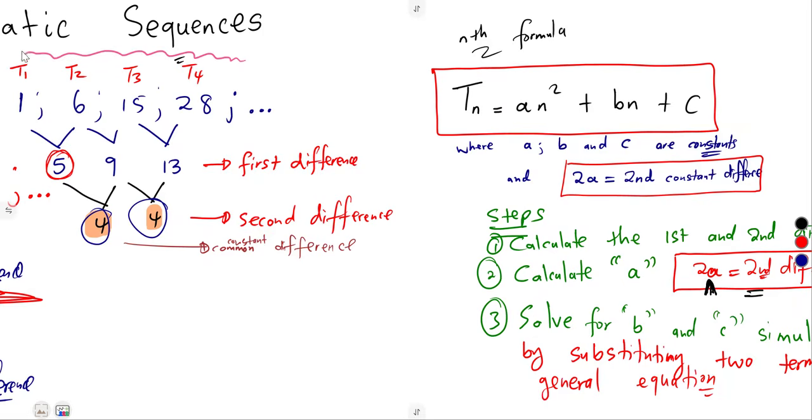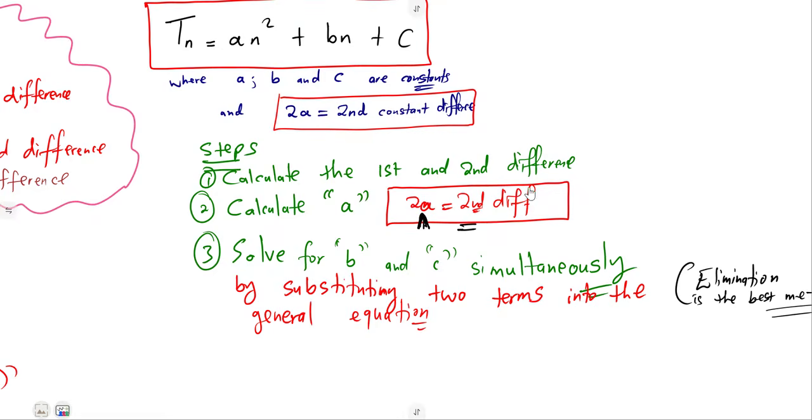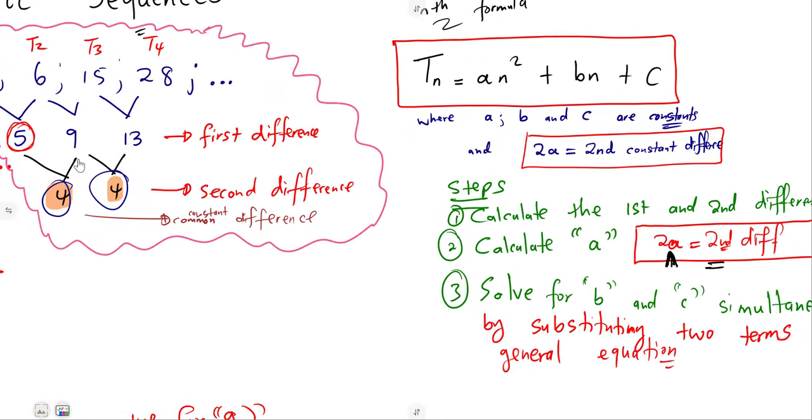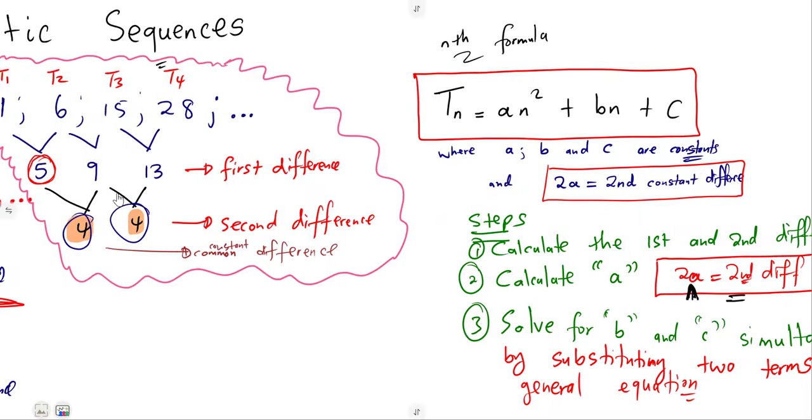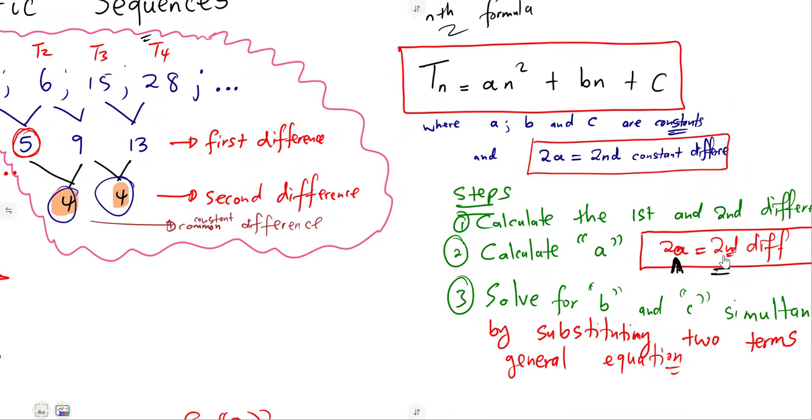Taking this part, we already calculated the first difference and the second difference here. Using this method, there are two ways, the method is telling us that you must calculate the first and second difference, which we did. From there, you must calculate A as 2A is equal to the second difference.